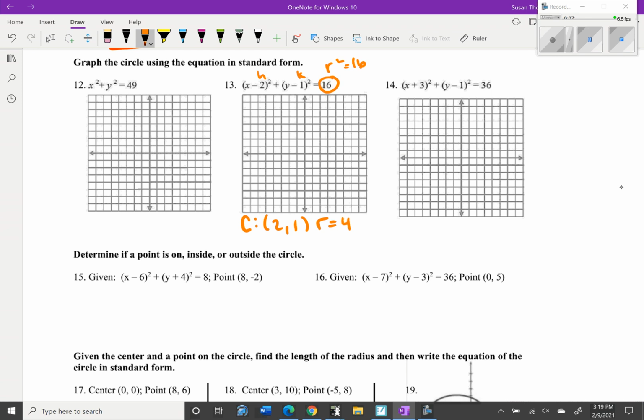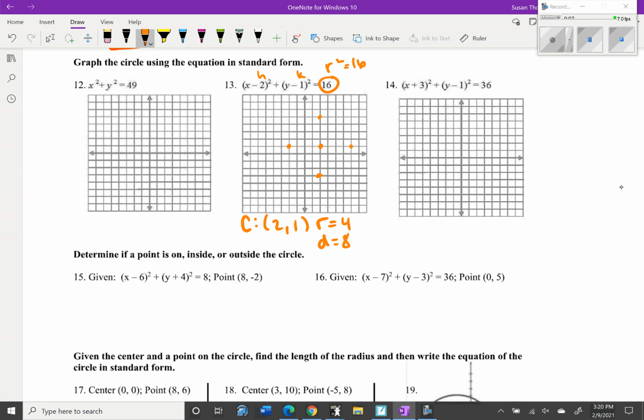So r is equal to 4, which of course means the diameter would be 4 times 2, which would be 8. So our center is at (2, 1), which would be right here. And then I'm just going to count up 4 from the center, down 4 from the center, right 4, and left 4.